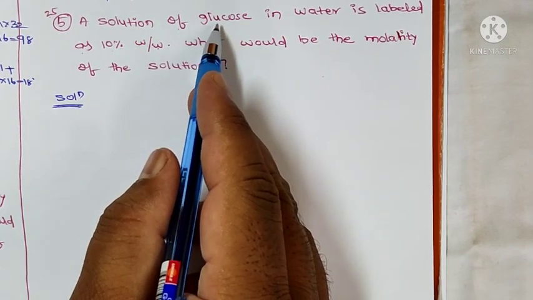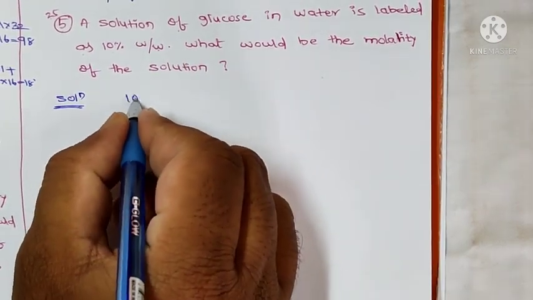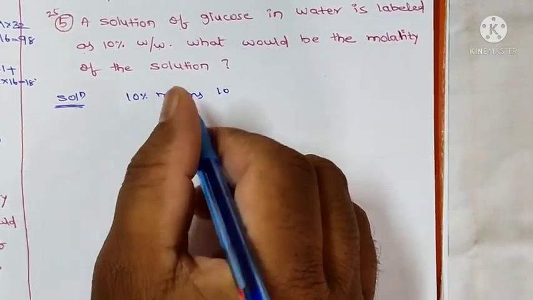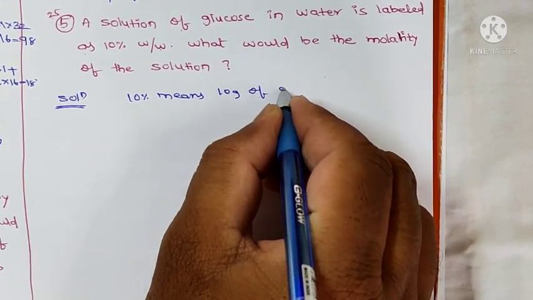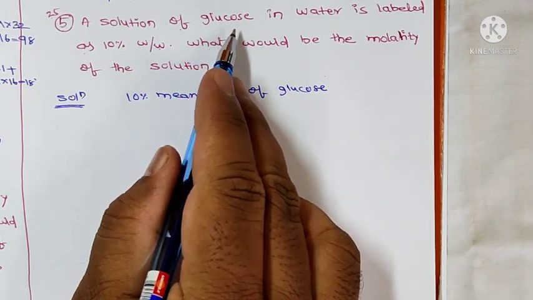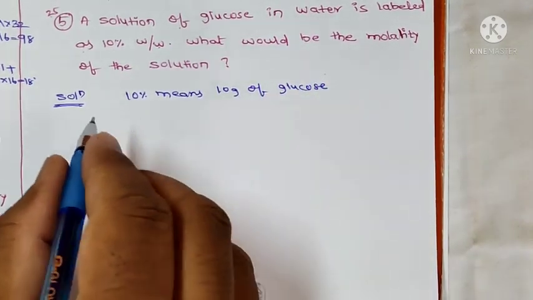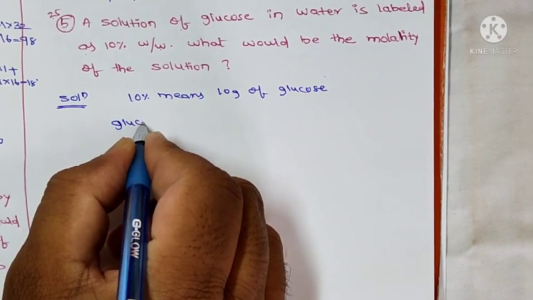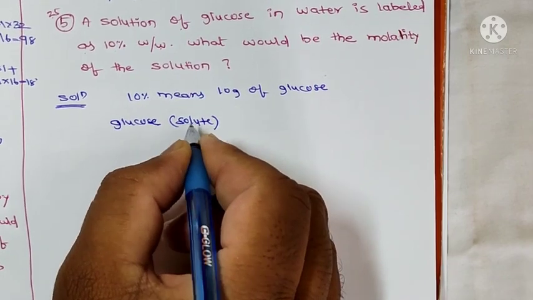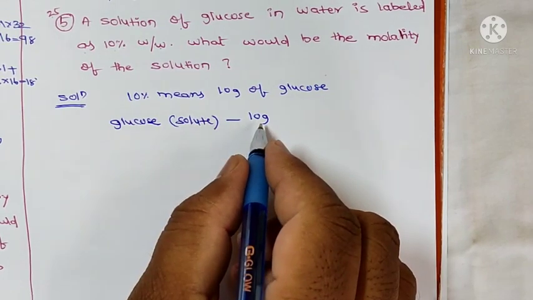So here the solute is 10%. 10% means 10 grams of glucose. Glucose is the solute and water is the solvent. The mass of the solute is 10 grams.